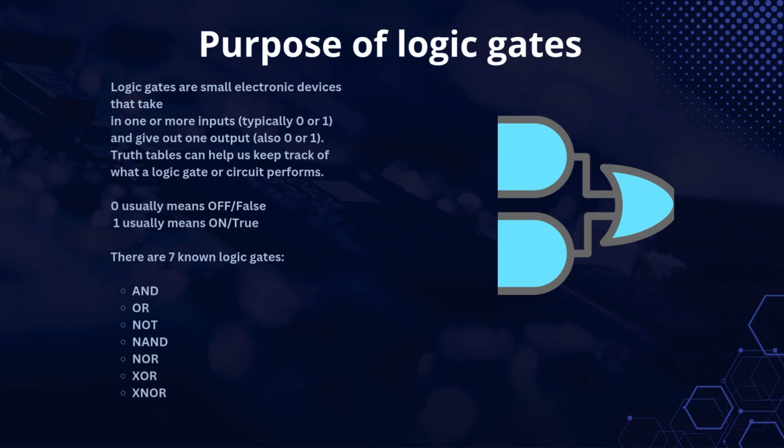So what do 0 and 1 mean? 0 usually means off or false, and 1 usually means on or true in computer language. There are 7 known logic gates. Those are AND, OR, NOT, NAND, NOR, XOR, XNOR.